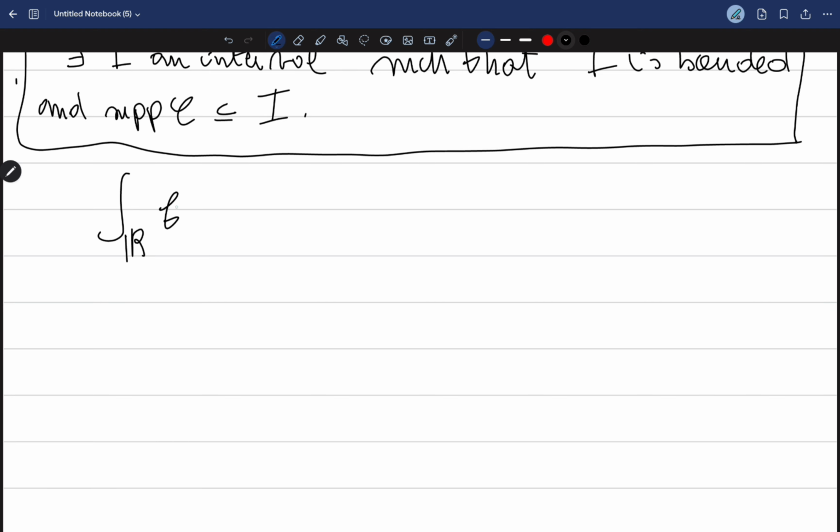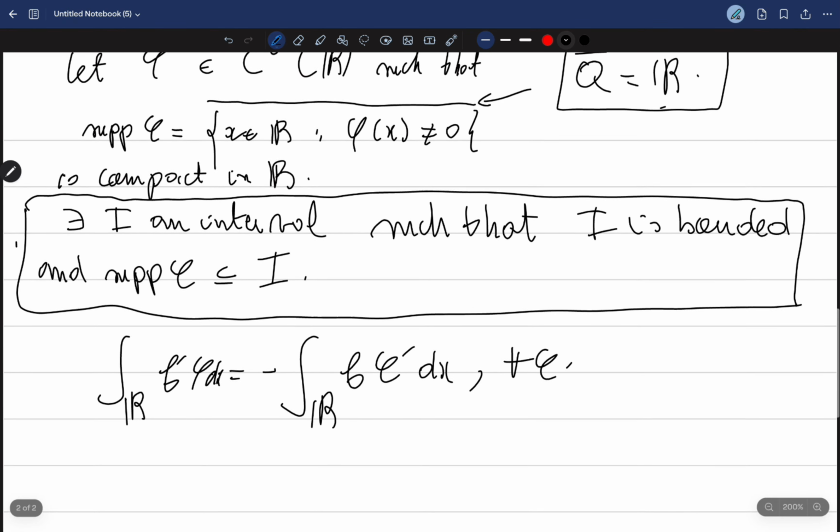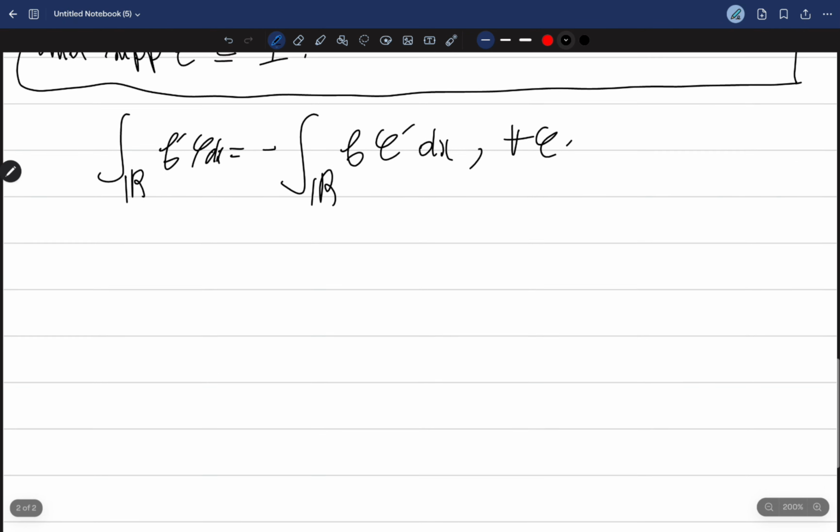We define f prime, the derivative of a function f, as the function such that for all phi we have this relationship.